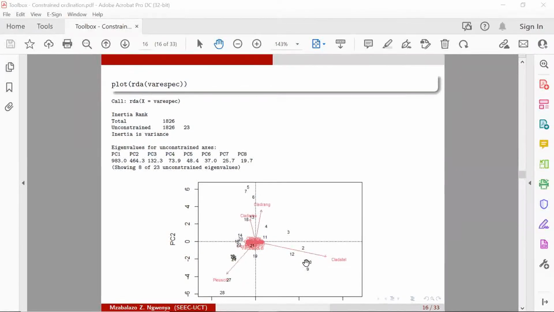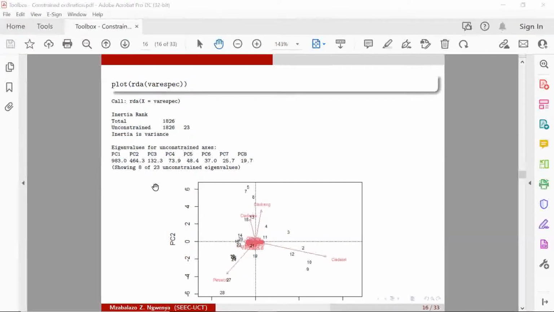Sites 9 and 10 are quite similar, and they seem to have high values of that species, the pedestal, okay? And so are sites 12 and 2, they've got high values there. And then sites 5 and 7, 6 are also similar sites in terms of species composition and of high values for clad rank.